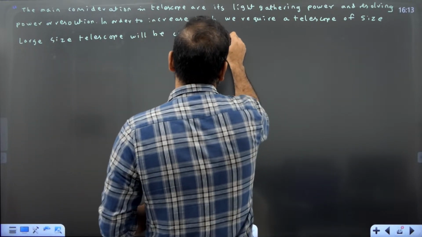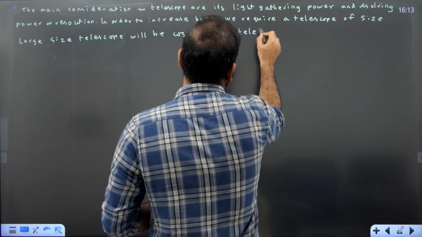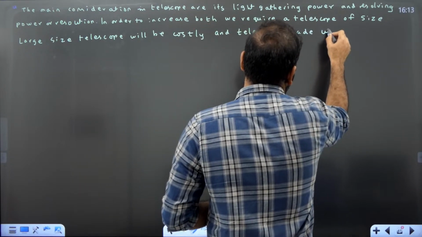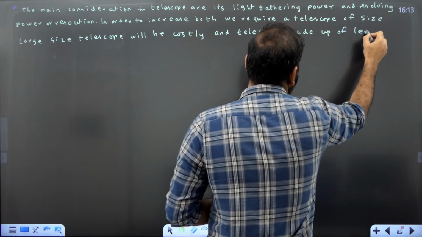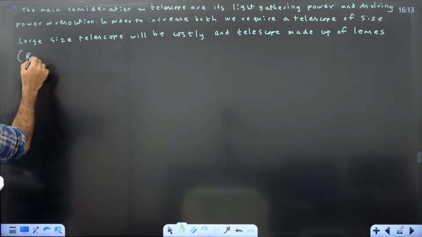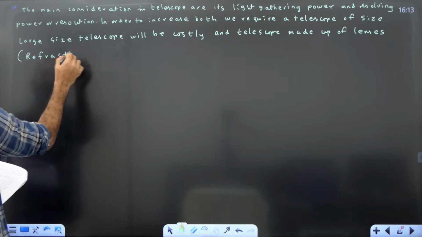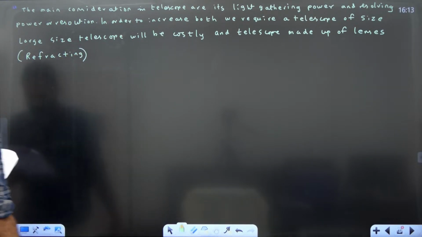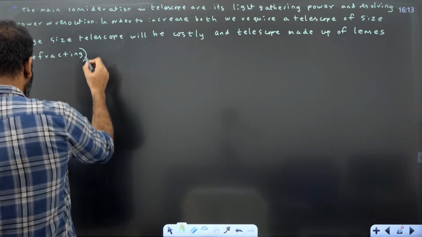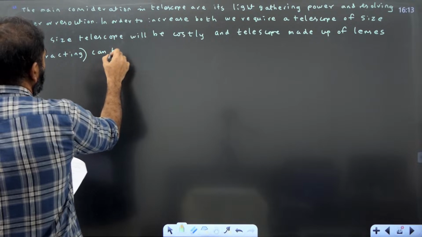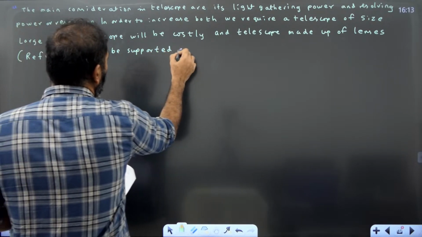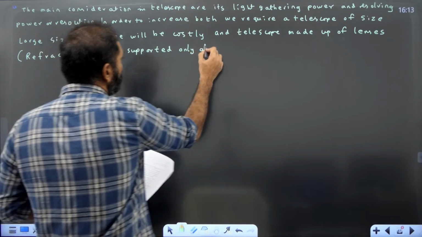And a telescope made up of lenses, what are they? Refracting type. Bracket, refracting. Made up of lenses can be supported only at edges.